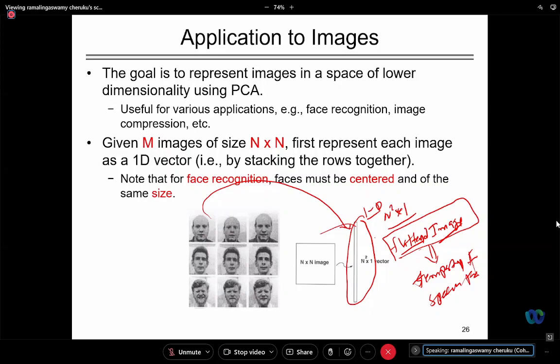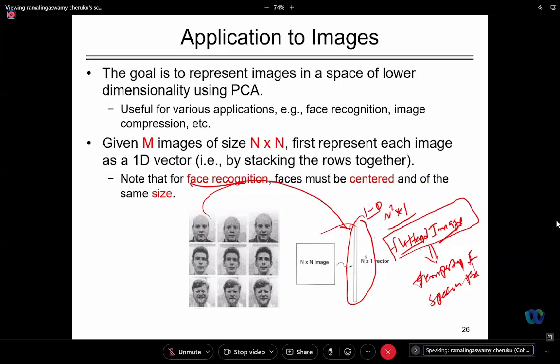During flattening of the image, you will miss some important features related to position. If I use it for face recognition, note that face recognition is the next step after face detection. First, you have to detect the face, then you have to recognize the face.